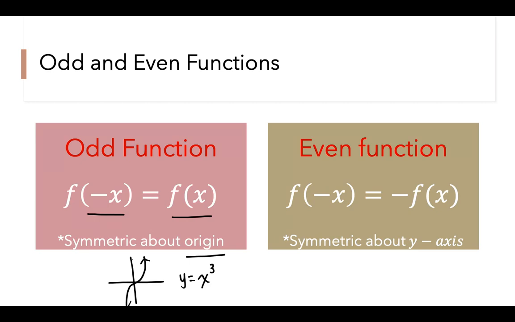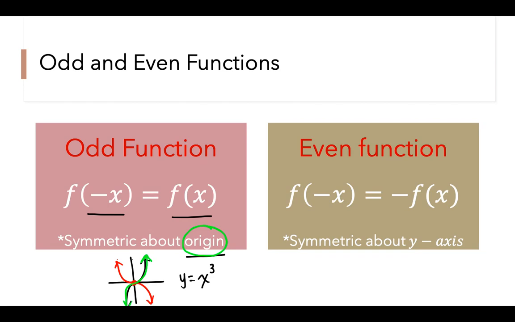Symmetrical through the origin means you're going to flip it twice. Flip it once through the y-axis and flip it through the x-axis. So flip 1 through the y-axis and flip again through the x-axis. It looks like this, back to my original. So therefore, it's symmetrical through the origin.